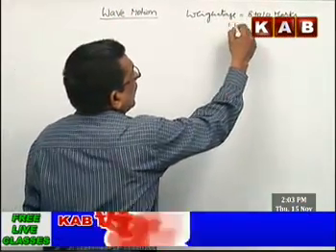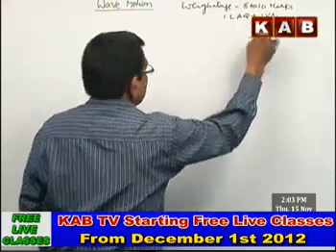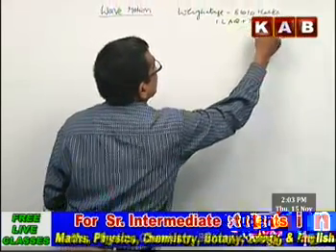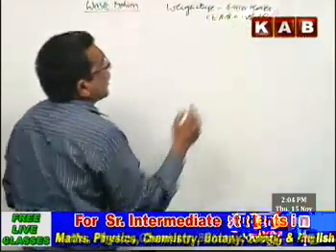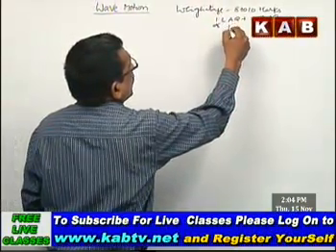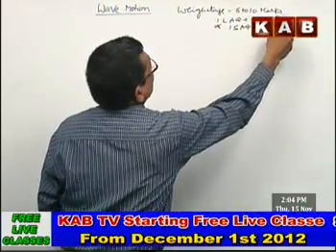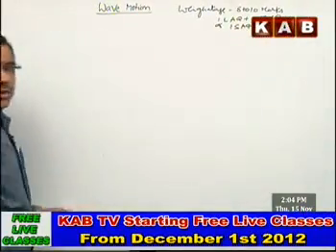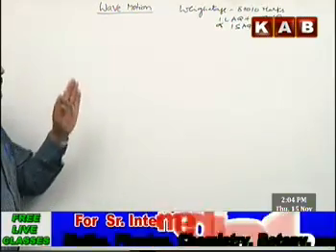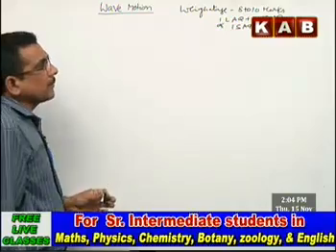One LAQ plus one VSAQ, or one SAQ plus two VSAQs, like that. In this way it will be distributed. So definitely an LAQ or SAQ or VSAQ will be there from this chapter.